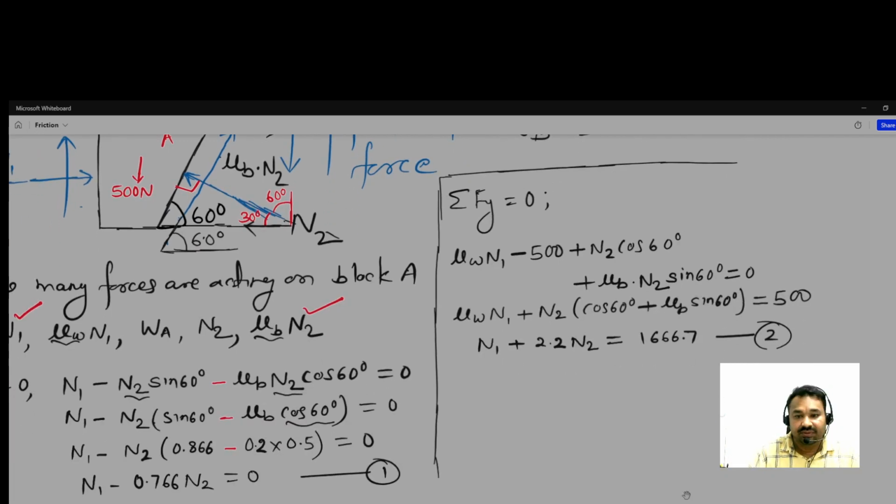Okay, and what we have to do now from equations 1 and 2 is equation 2 minus equation 1.